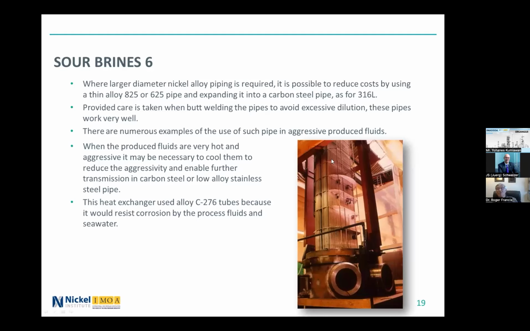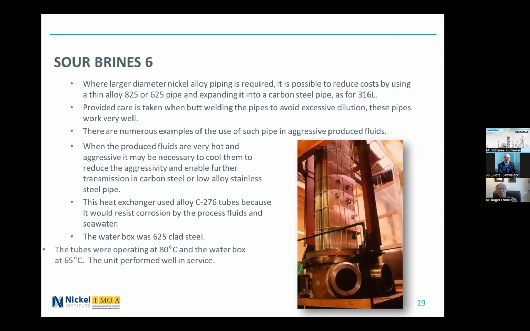The tubing is C276 because it would resist the aggressive process fluids on the outside, and it would also resist the seawater on the inside. The water box here carrying the seawater was made from carbon steel clad with alloy 625. And the tubes were operating at about 80 degrees centigrade and the water box at about 65 degrees C. And this unit performed very well in service.